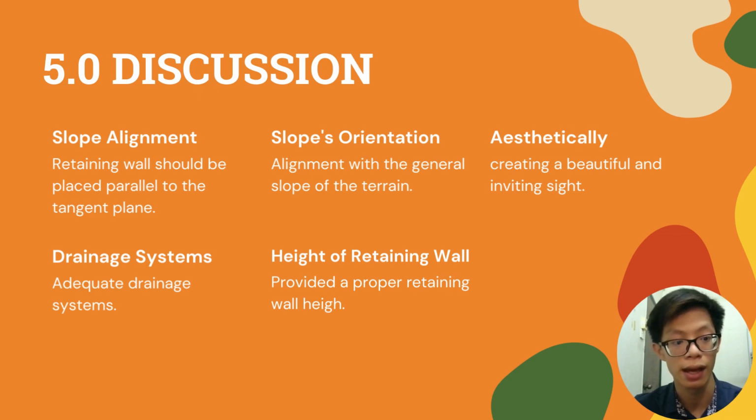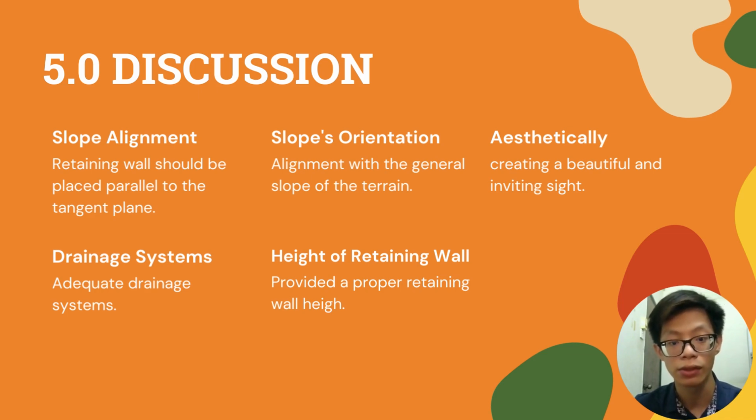And because it eliminates sudden changes in height, a retaining wall aligned with the tangent plane has a more natural and soft appearance. This design approach is especially important for landscapes such as parks or gardens, or residential areas where preserving the environment, artistic harmony and natural beauty is a priority.